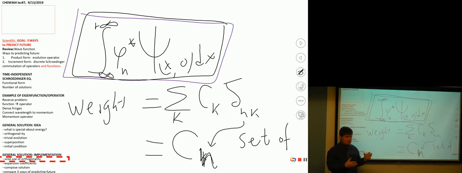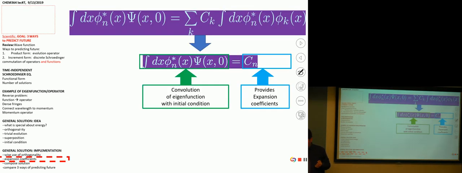So it is a protocol for how to get this expansion coefficient. You can call them weight coefficients or expansion coefficients, I don't care. Okay? So expansion coefficients are convolution of the past and eigenstate.